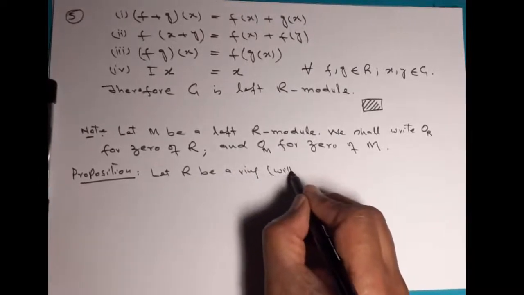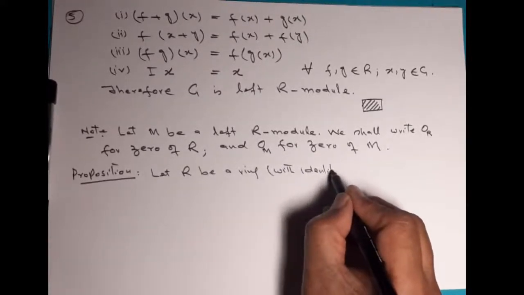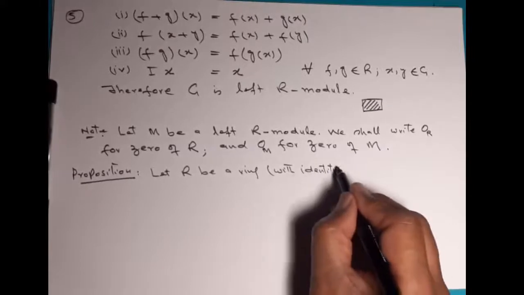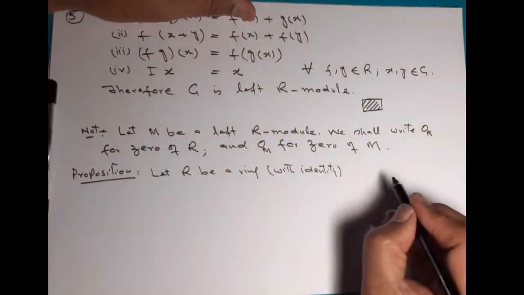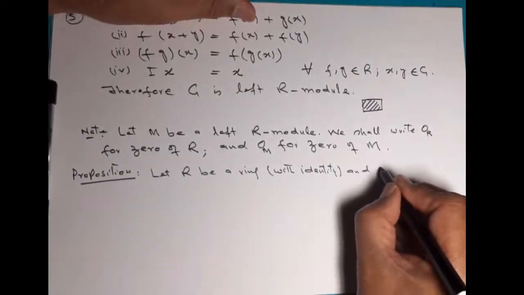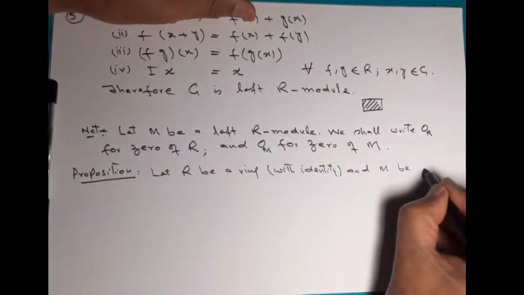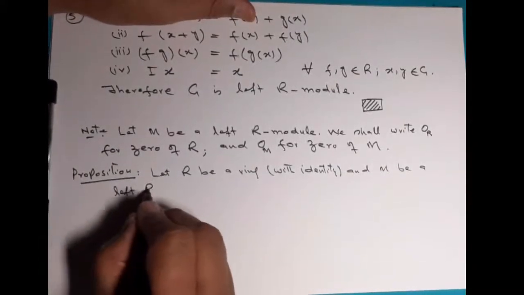Every ring is going to be a ring with identity, but just to emphasize, let R be a ring with identity and M be a left R module.